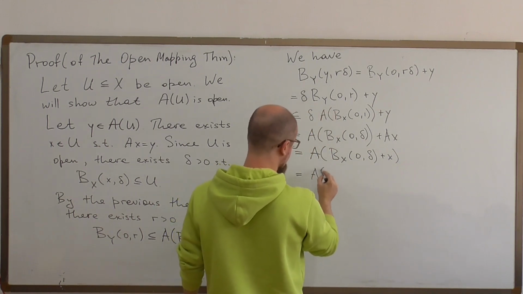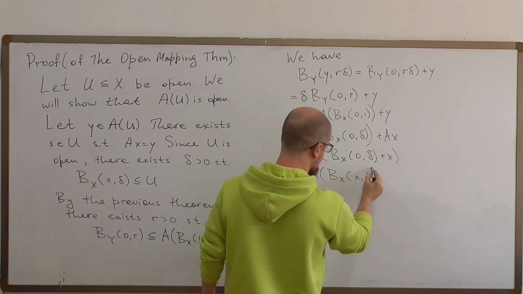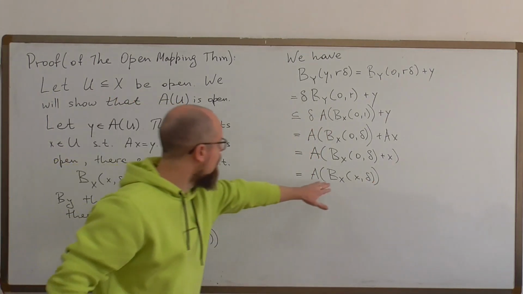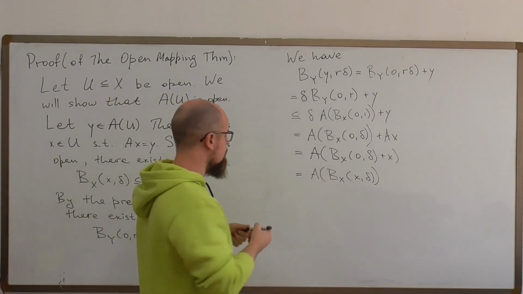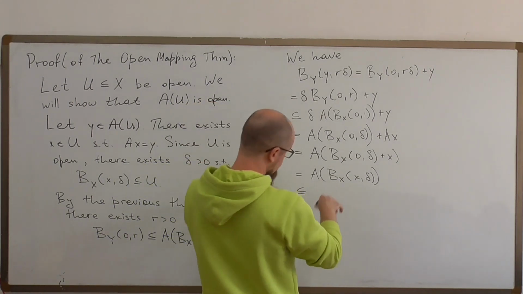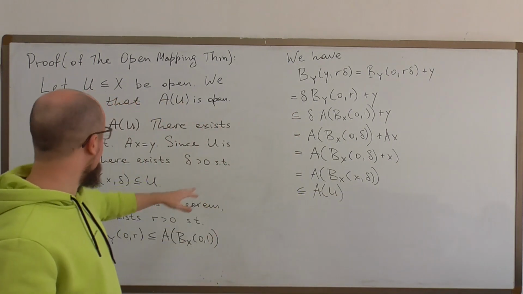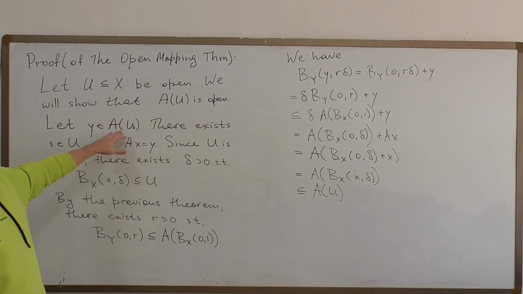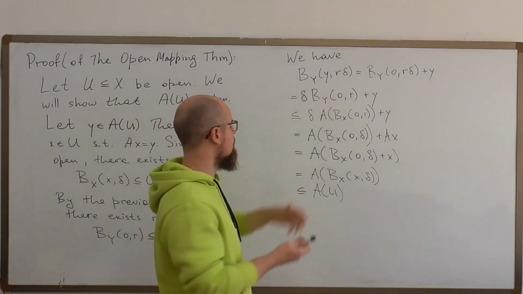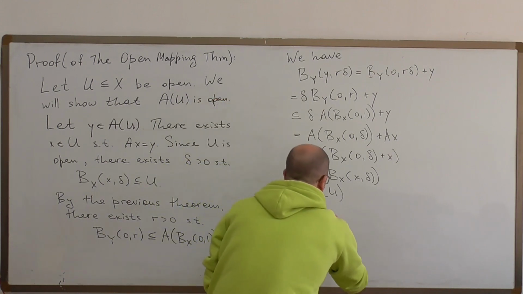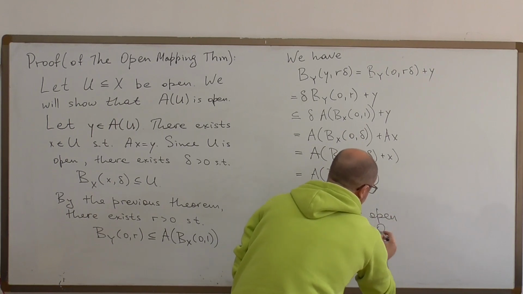And further, but this ball belongs to U. So the image of this ball is a subset of A of U. So we proved that the point y not just belongs to A of U, but it belongs to A of U together with some ball around it, which means that A of U is open. And we're done.